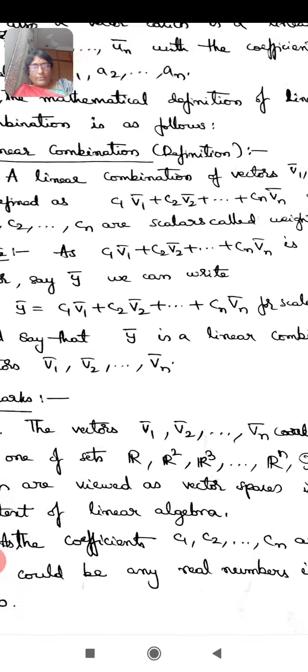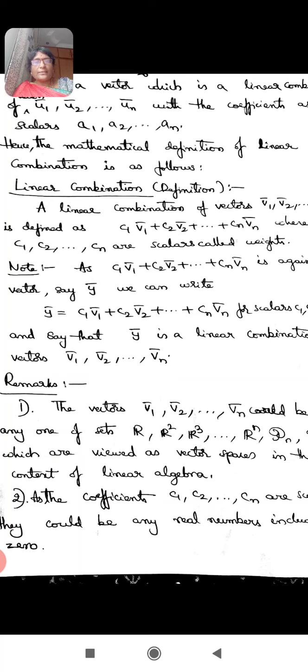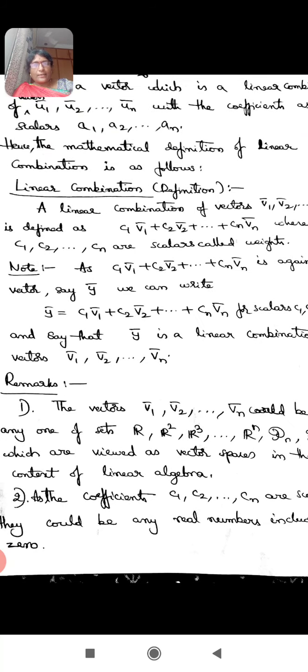And I have made some remarks here. The vectors v1 bar, v2 bar, so on vn bar are taken from the sets R, R2, R3, so on Rn, Pn, which is the set of polynomials, F, the set of functions.